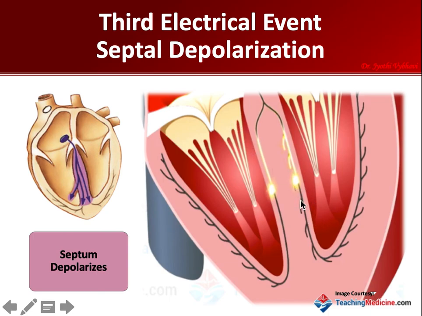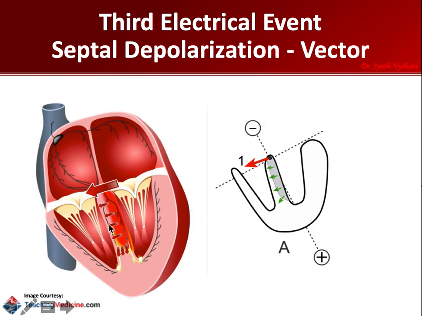In the septum, it is coming from left to right, and the vectors are represented from downward to upward. You can see this in the pictorial and diagrammatic representation. Because the left bundle branches supply the septum, the wave starts from the left side of the septum to the right side, and a little from downwards towards upwards.